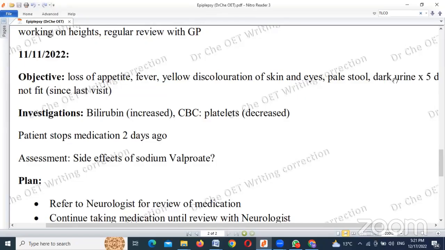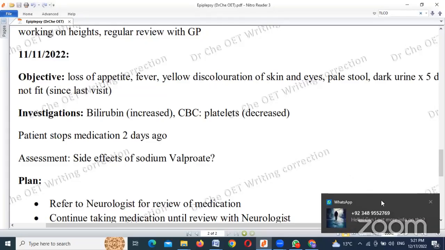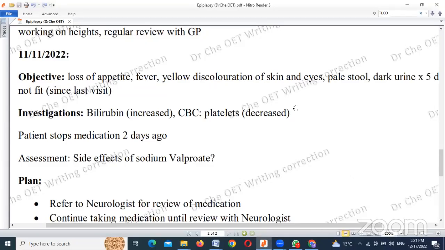Pale stool and dark urine the patient will tell you, but the yellow discoloration of skin and eyes you can get as an examination. So I have written yellow discoloration of skin and eyes with investigations when I am mentioning bilirubin.